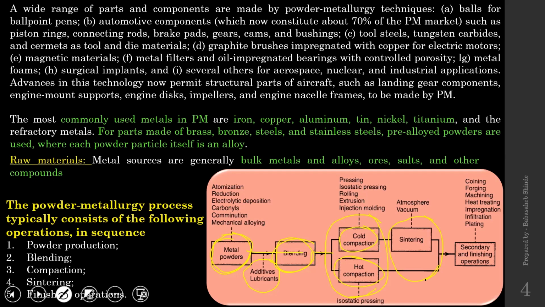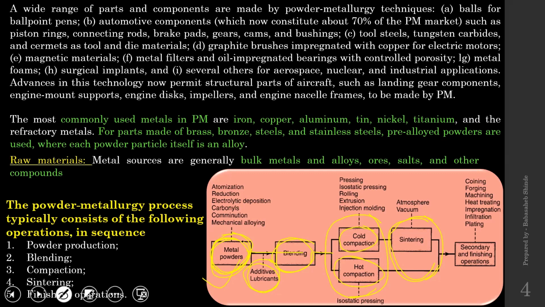So sintering is basically heating that part to a certain temperature. That temperature range will be dependent on the metal powders that are being used, or raw material. And at that elevated temperature, the additives, lubricants, and some binding materials that you have mixed into metal powders will melt and form bonding with the metal powders.